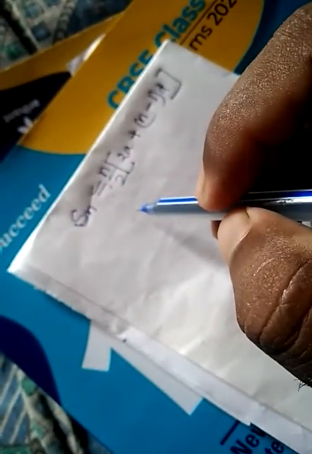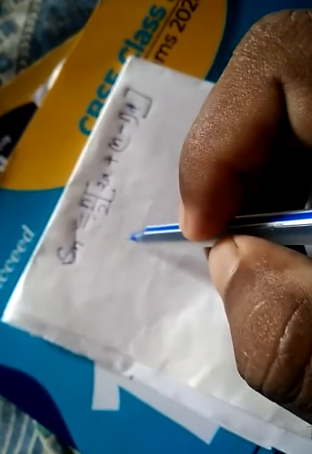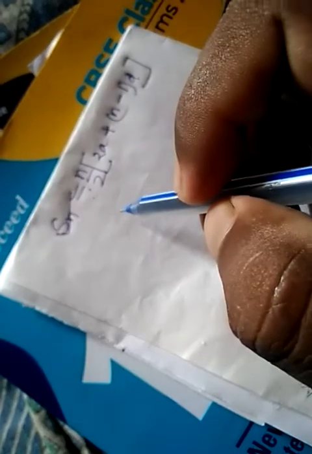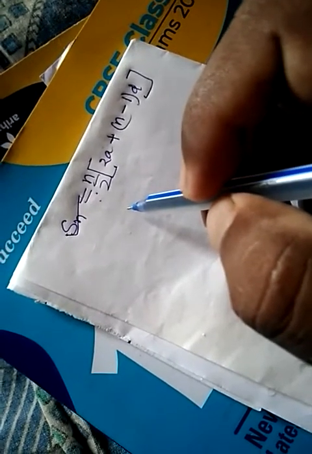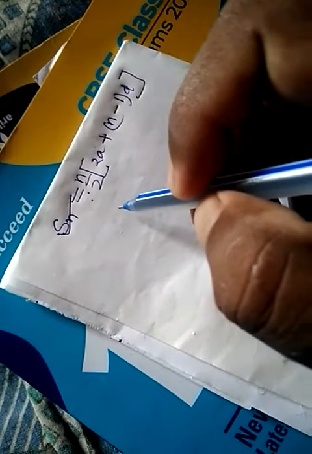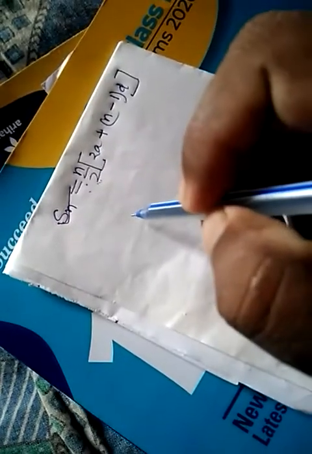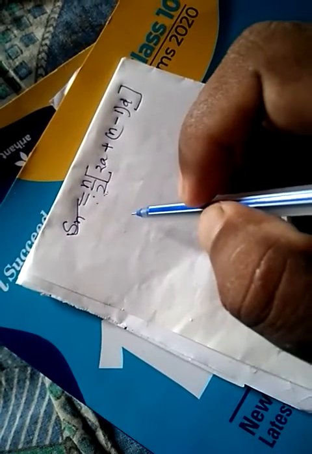And based on this formula, we have already discussed some questions. Today we are going to discuss one more important question based on this formula. And what is the question? The question is like this.